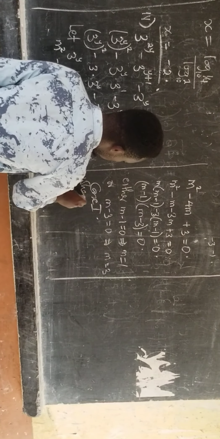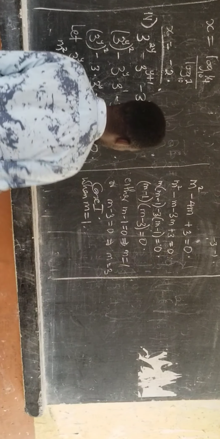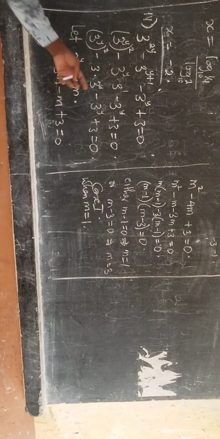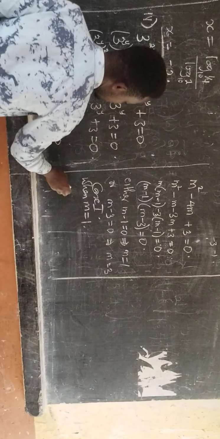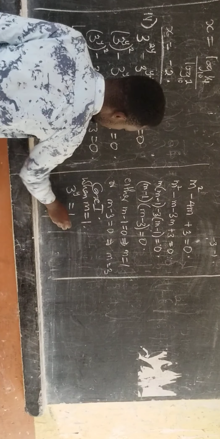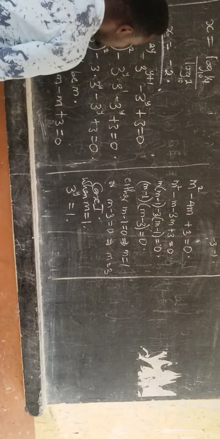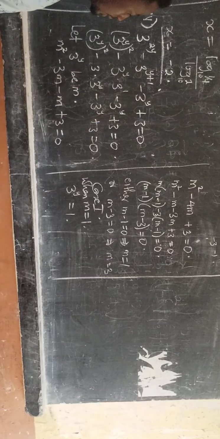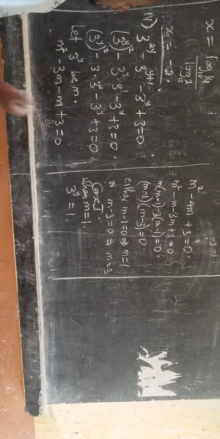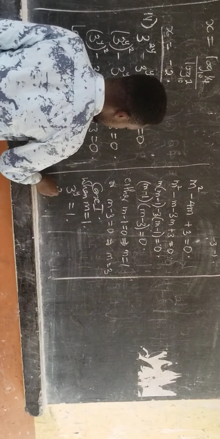When m is equal to 1, remember I have said let 3 power y be m. So in that case I have 3 power y is equal to 1. But just like I did the other side, any number power 0 is 1. So in that case I can make 1 into 3 power 0. So this will be 3 power y is equal to 3 power 0. This implies if I equate the powers alone, y is equal to 0.